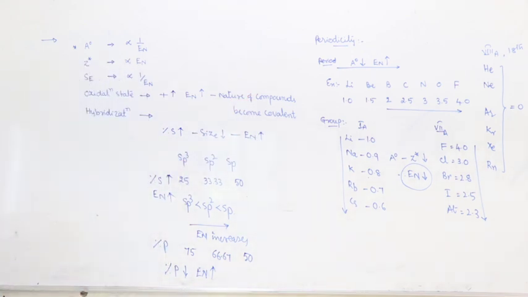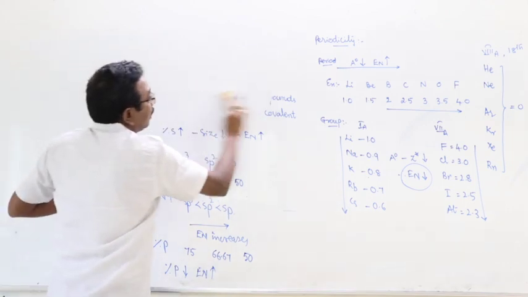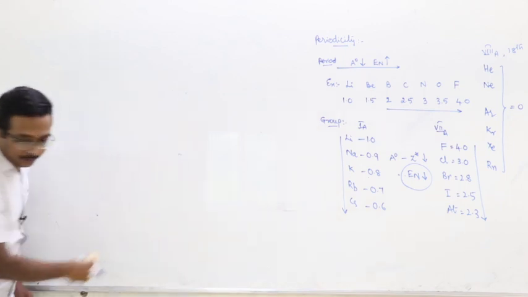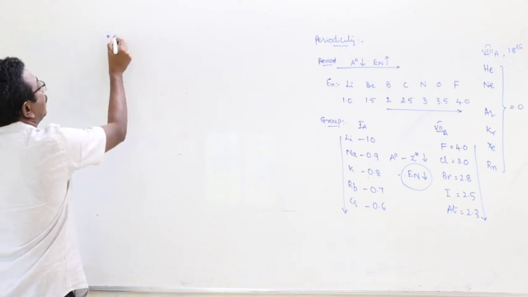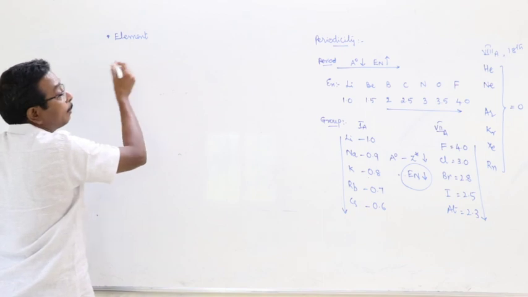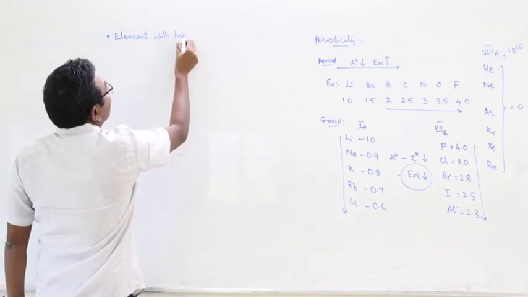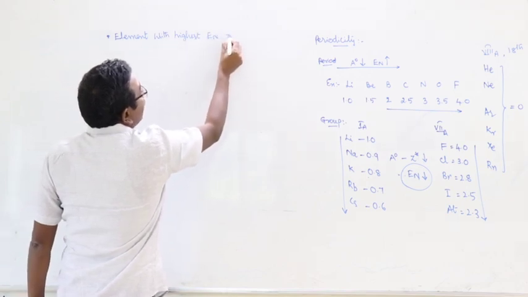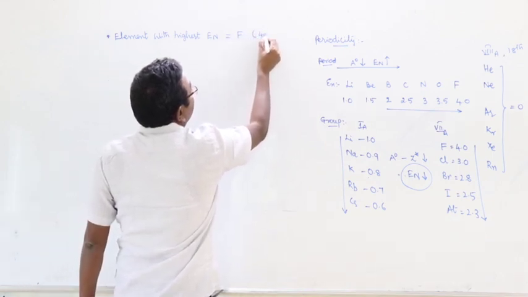Now what about the statements given? What about the statements that are related to the electronegativity? Very, very important from an objective point of view. First one, the element with highest electronegativity is fluorine, that is 4.